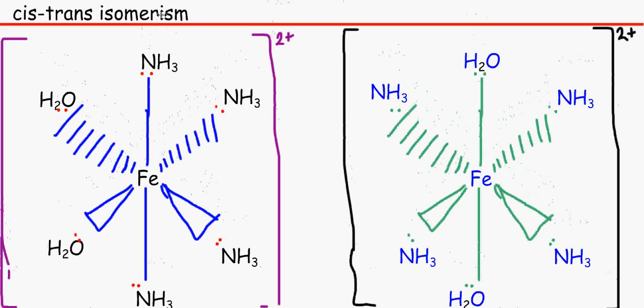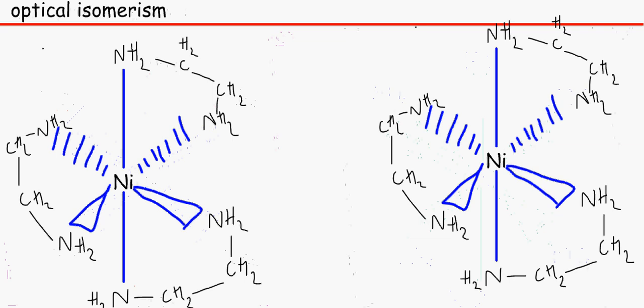With optical isomerism, although it's quite harder to do, it would only work when you've got bidentate ligands or a mixture of bidentate and monodentate.